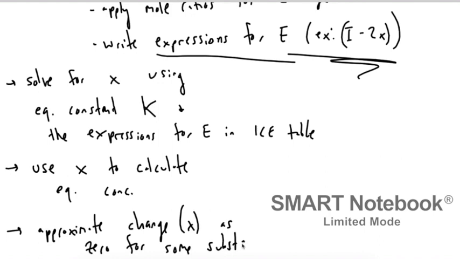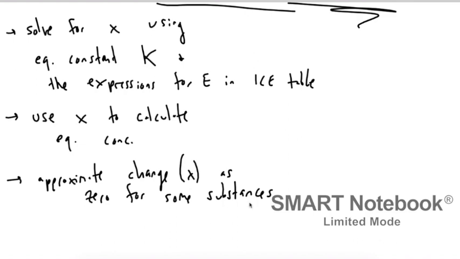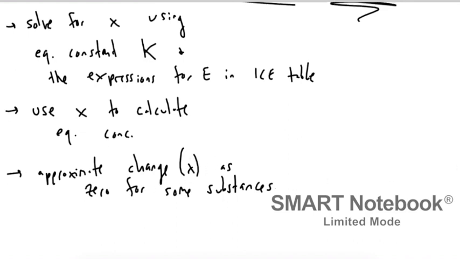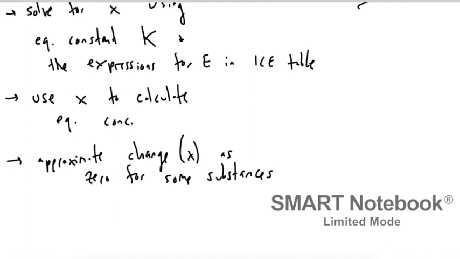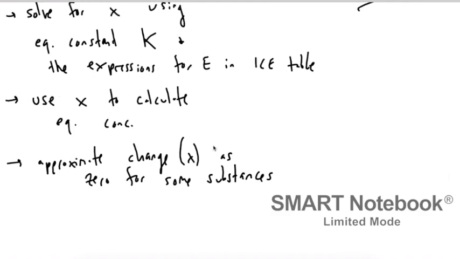Go back and look at that example that I did. I only approximated x as 0, approximated away the x for the first substance because I actually had a significant amount of it, and the change was not significant because the K value is so tiny. So we can approximate away the change, approximate away the x, if and only if your K value is less than 1 times 10 to the negative third, if it's very, very tiny, okay?